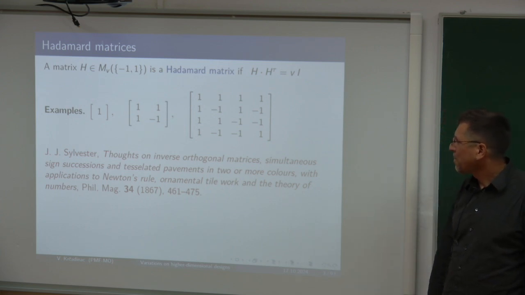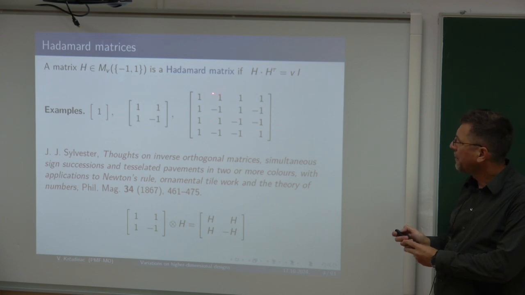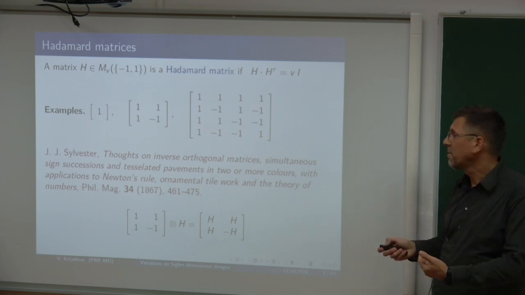And well, he obviously defined them, and he had a construction for these matrices. If you look at this 4x4 example, you can notice that it's actually this 2x2 repeated 3 times here, and then here is just the opposite signs.